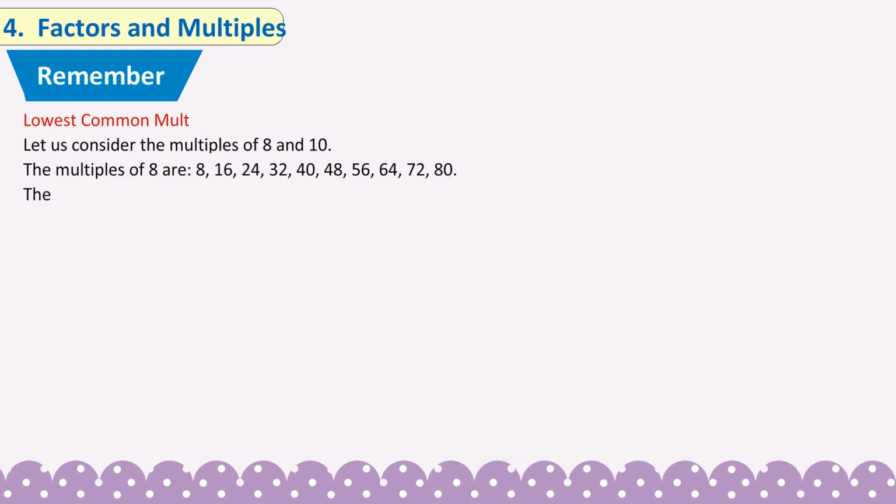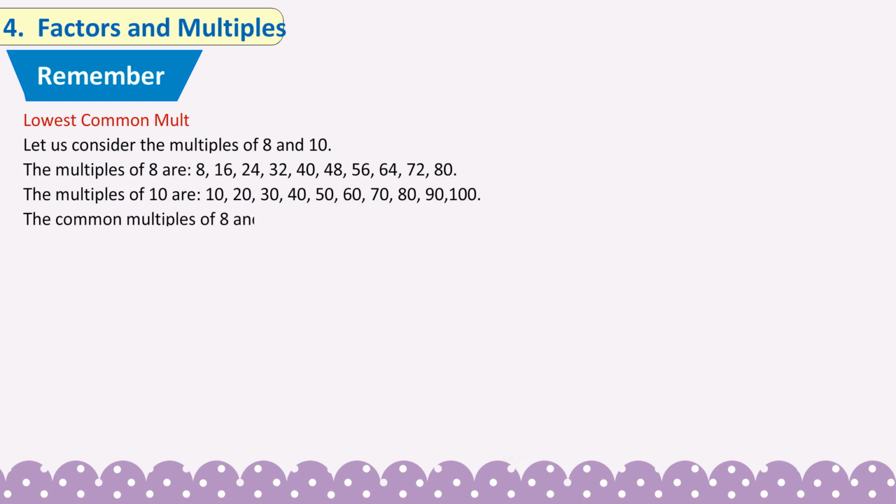The multiples of 10 are 10, 20, 30, 40, 50, 60, 70, 80, 90, 100. The common multiples of 8 and 10 are 40, 80, etc. The lowest common multiple or LCM of 8 and 10 is 40.